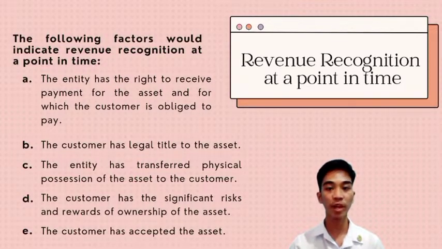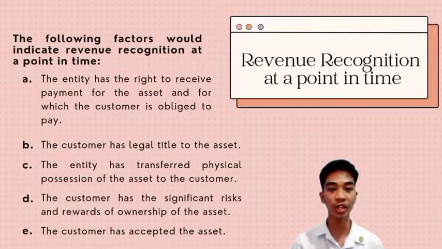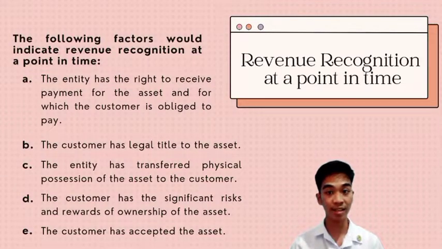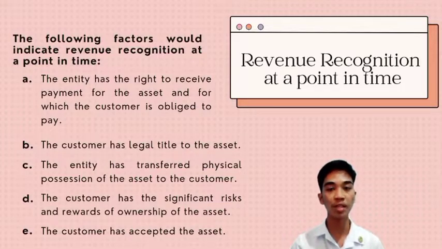However, when evaluating the risks and rewards of ownership of a promised asset, an entity excludes any risks that give rise to a separate performance obligation in addition to the performance obligation to transfer the asset. For example, an entity may have transferred control of an asset to a customer but not yet satisfied an additional performance obligation to provide maintenance services related to the transferred asset.